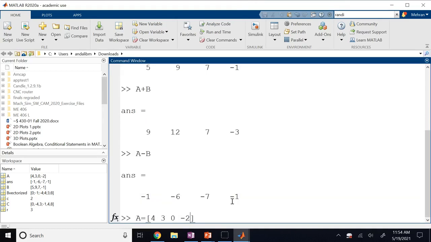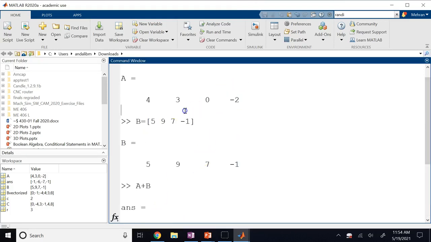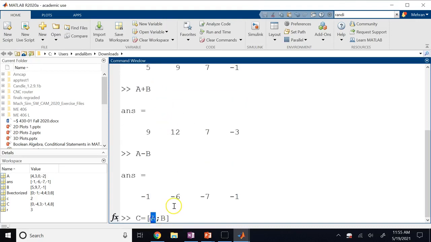So here, let me show you something that is also important. C matrix is equal to A semicolon B. You might say, what are you doing? What we are doing here is called concatenation. I'm having vector A be the first row of matrix C, and then I go to the next row of matrix C and say the next row is what?